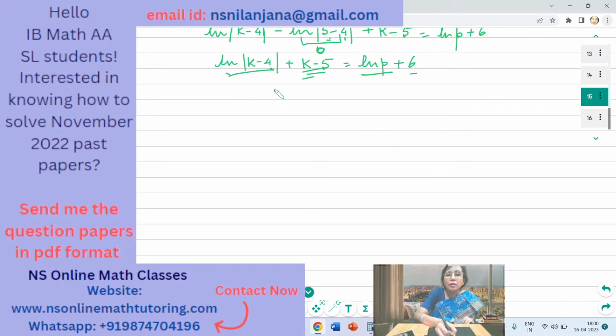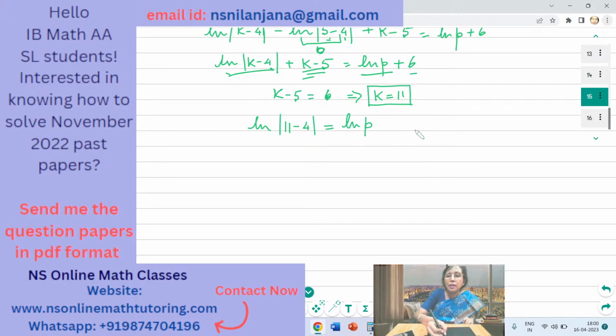So let us first, because if I take the ln part, it contains two variables. So let us first of all take the number part. K minus 5 is equal to 6, which gives us k value as 5 plus 6, which is 11. And then I take up the ln part and I straight away put 11 for k. 11 minus 4 should be equal to 7, equal to ln of p.